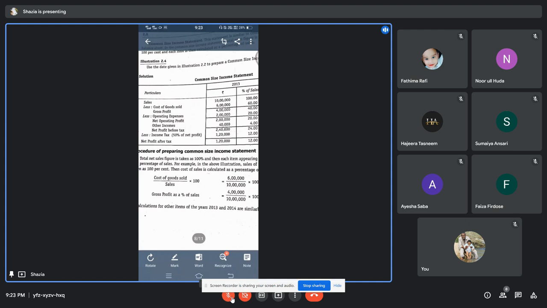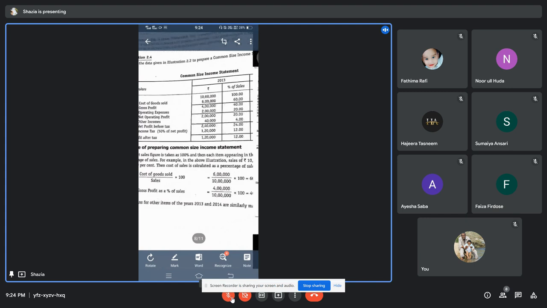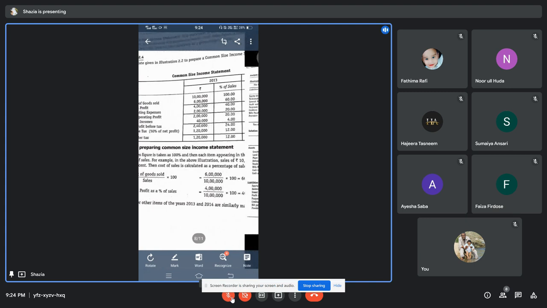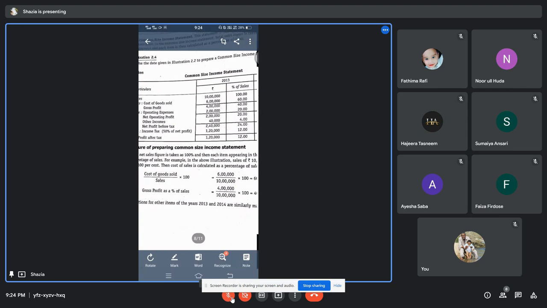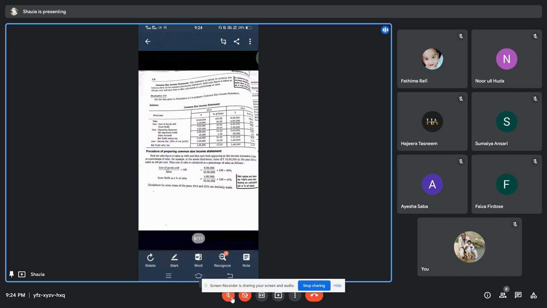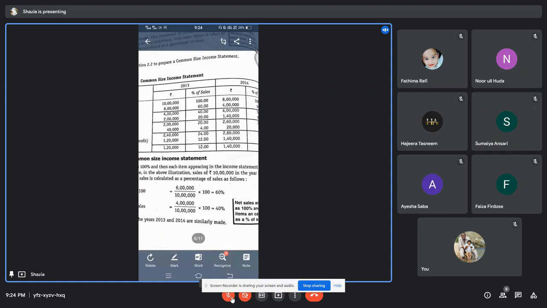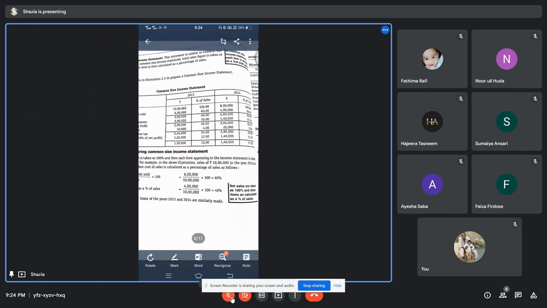Other incomes means something you have received, like profits again. So both the profits should be added. 2 lakh plus 40 is 2 lakh 40. Again, this 2 lakh 40 divided with the common sales, 10 lakh into 100 is 24. The next is 2014, you got 2,80,000 divided with 8 lakh into 100 is 35.00.